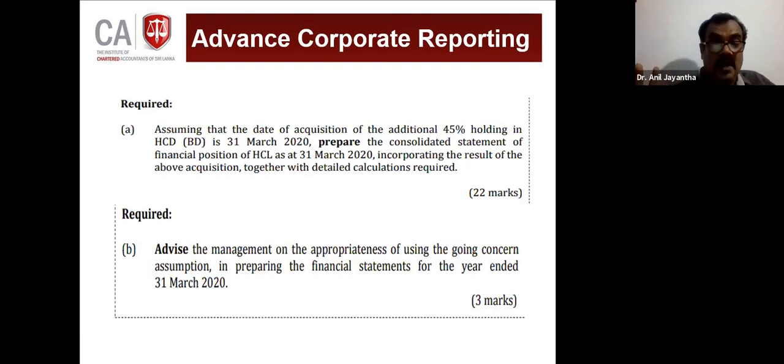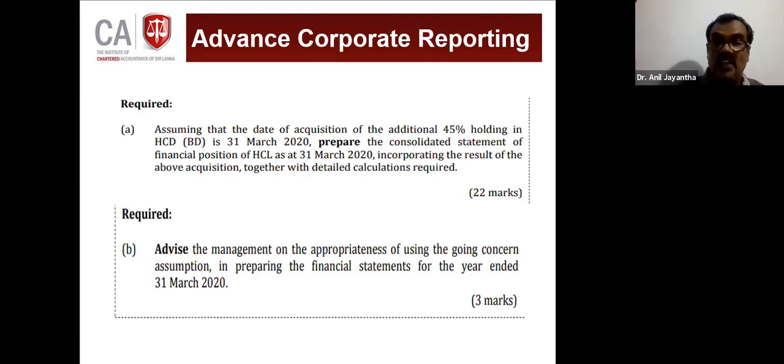But examiners are a bit careful and vigilant, and they have a guard. What is the guard? They ask you to provide detailed calculation, right? That's the guard. Otherwise, sometimes when we put numbers here and there, you may copy, or a predetermined answer may work based on your assumption and all those things.